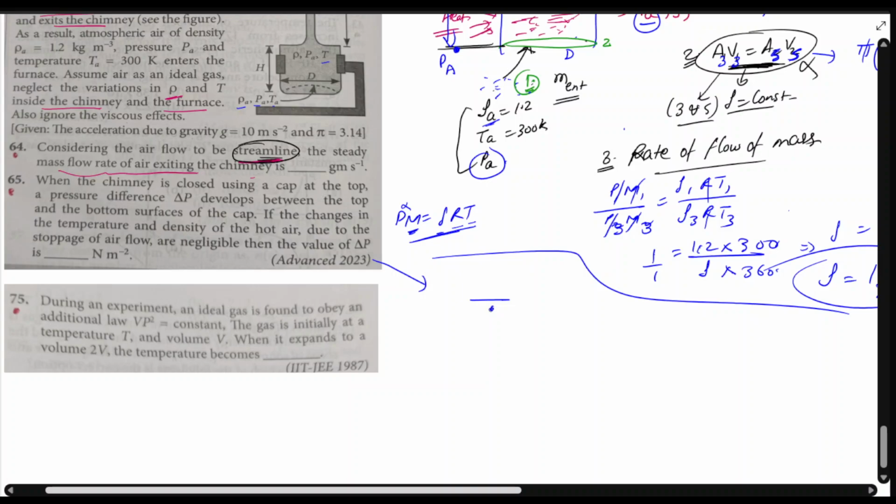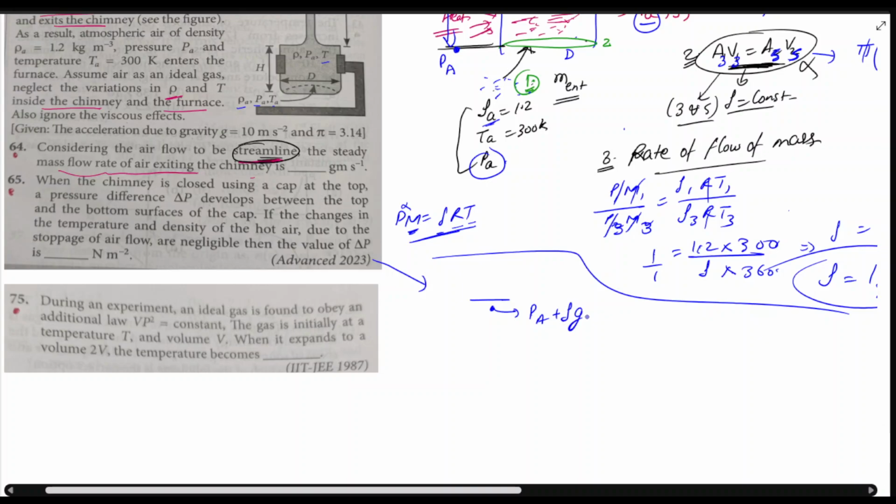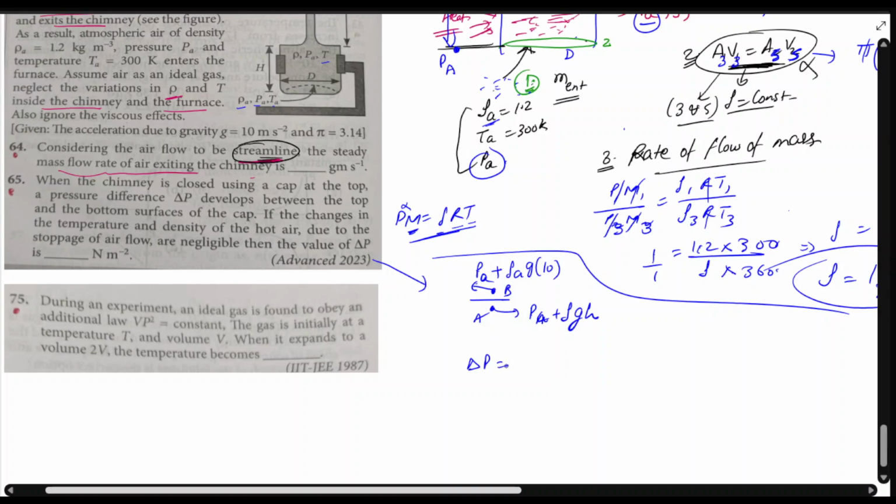Now, look, the pressure here will be PA plus rho of smoke g into small h. And this is A, this is B. So pressure here will be PA plus density of air g into 10. Okay, so delta P will be PA minus PB.